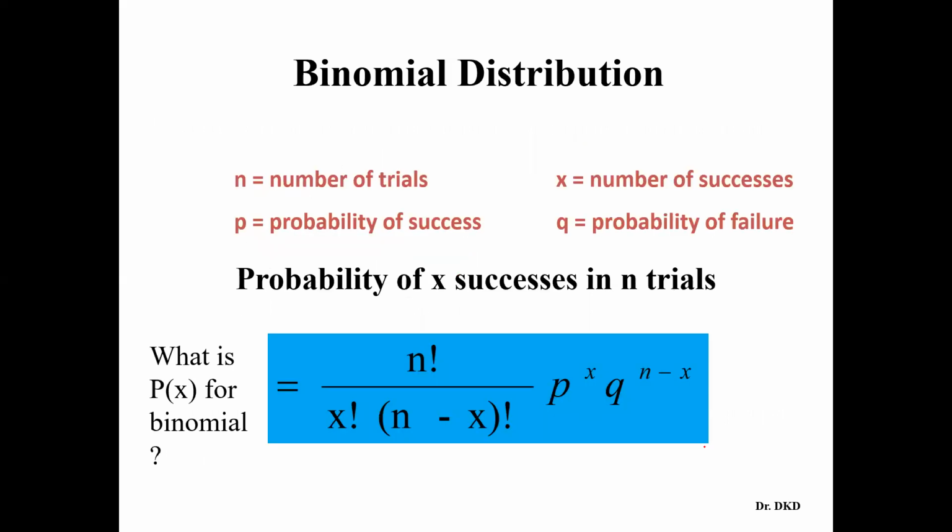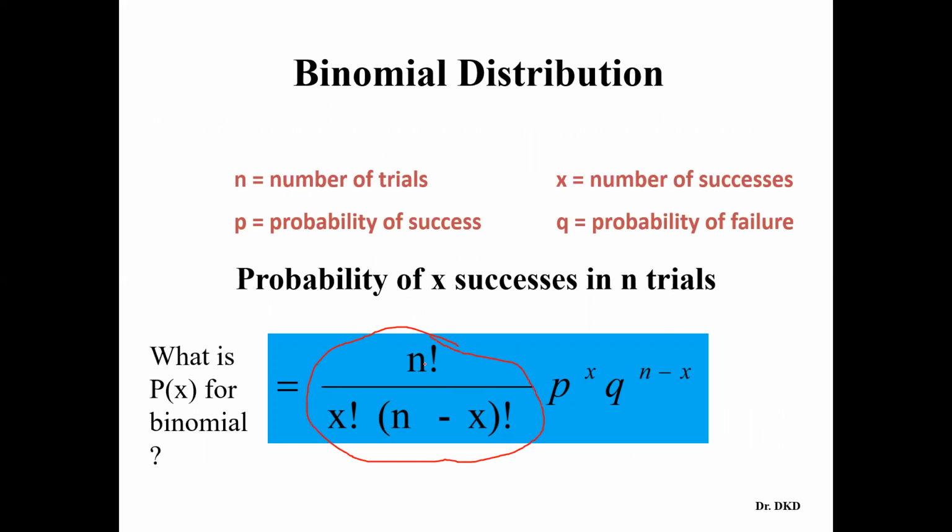In another way, the binomial probability mass function, as we have seen in the previous slide, nCx p to power x q to power n minus x, is an extension of nCx.